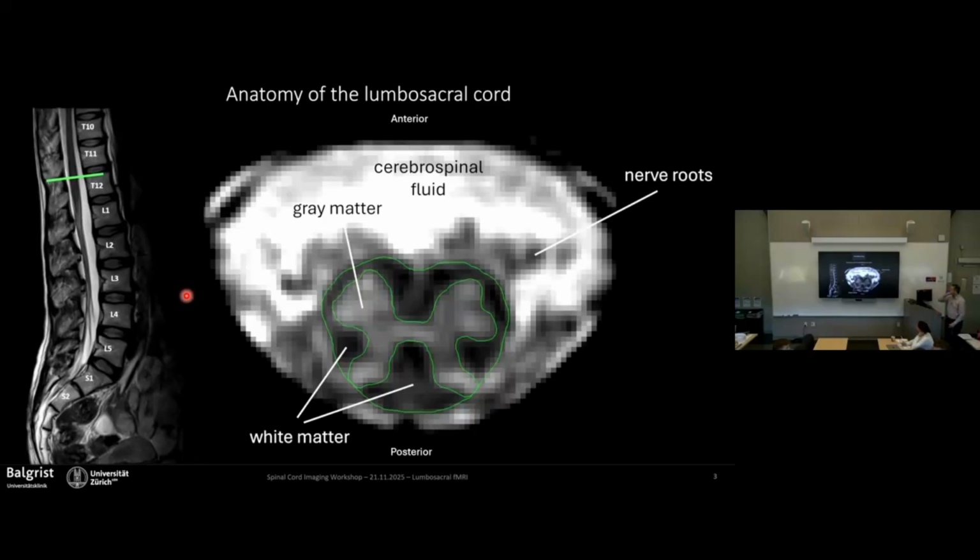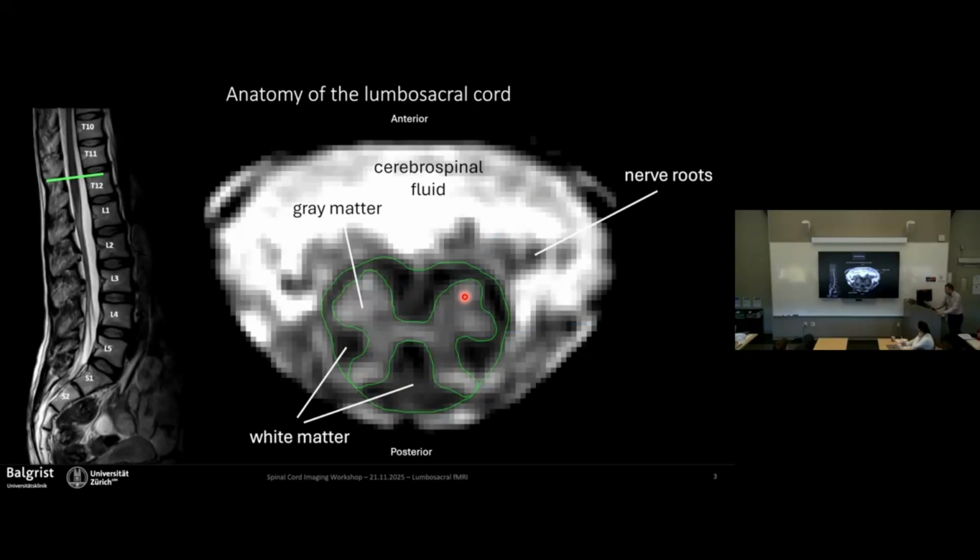So this is a cross-sectional view of the spinal cord on a T2-weighted multi-echo gradient echo image. The important structures that you see are the spinal cord outlined by the outer red-green circle, and in the middle the gray matter.